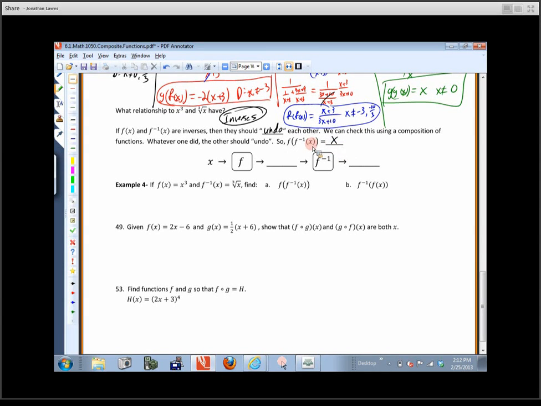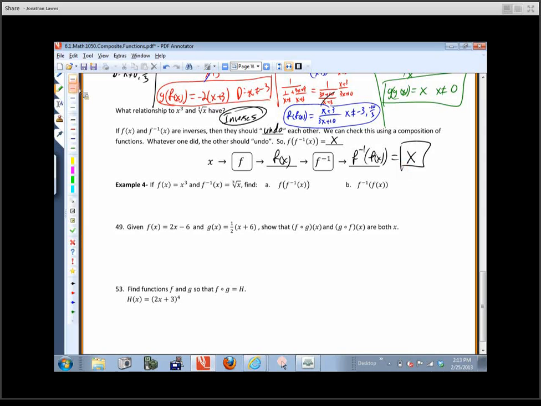So if I plug in x, do some math to it, and then undo that math, I should get right back where I started. Or in other words, if I plug x into f, what comes out is f of x. If this undoes that, even in the opposite order, I should end up with plain old x.